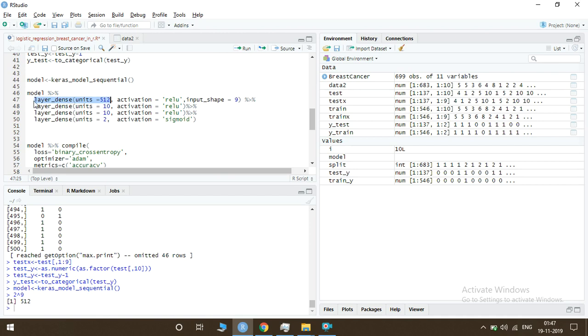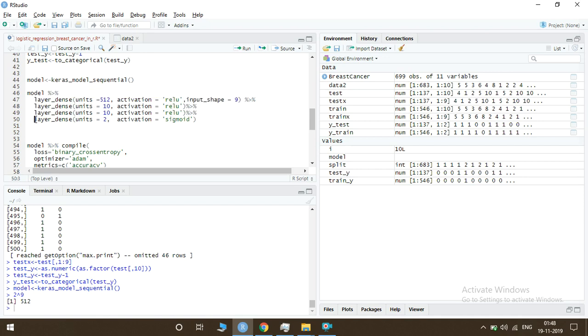Always remember that it's probably best to keep it a power of 2 relative to the input shape we will be giving. Next we have used two hidden layers. For those we have utilized 10 neurons each, and the activation function is ReLU.